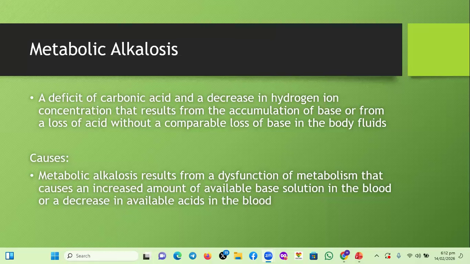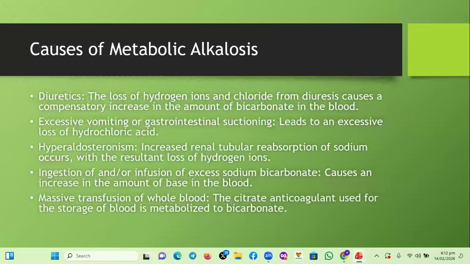So it is either the amount of acid in the blood is decreased, or the amount of base in the blood has increased. That is what will cause one to experience metabolic alkalosis. And so what are some of the issues that could lead an individual into having metabolic alkalosis?